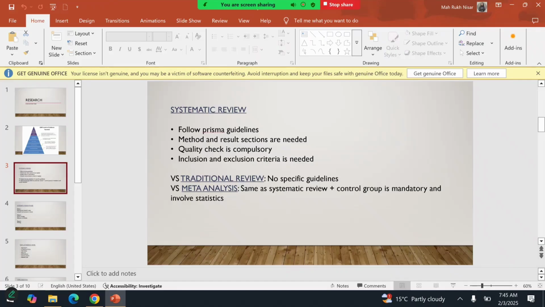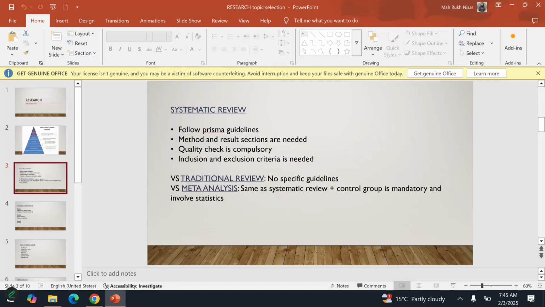In a systematic review, the method and result sections are mandatory. Quality check is compulsory. We do quality check when we finalize research papers. For example, we finalize 20 articles. So we do quality check of those papers because some papers have a bias in them and they're not high quality papers. So we keep a criterion, like we select the articles greater than 80% or 90%.